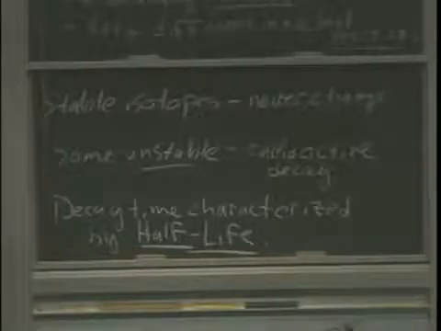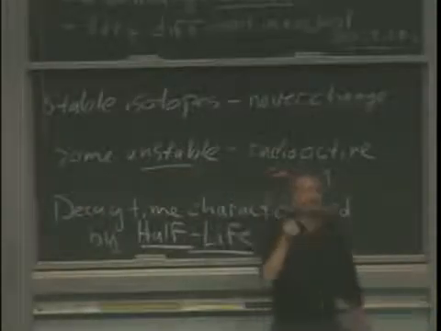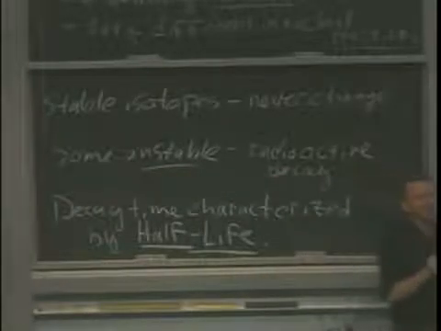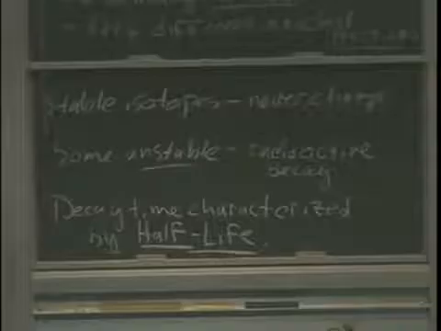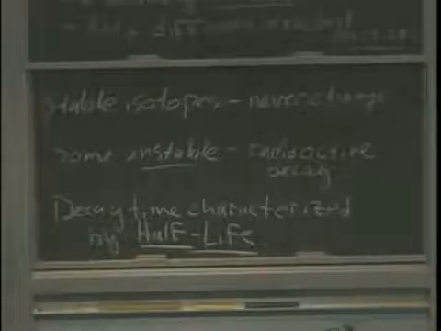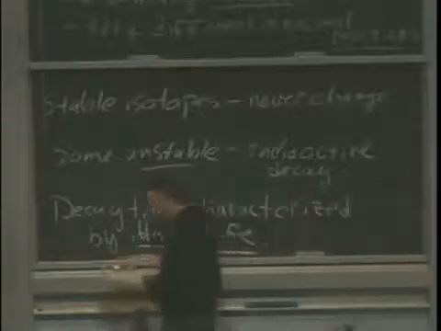I underlined the statement "in a group", and the reason is that the half-life for a single nucleus actually doesn't make any sense. It's not defined. Nuclei decay at a random time, and you can only define an average time or a half-life in terms of a group of many different particles.